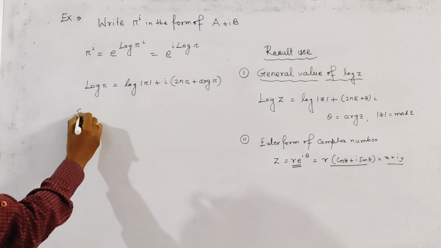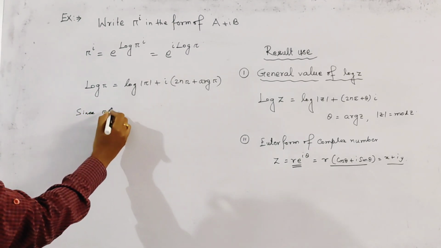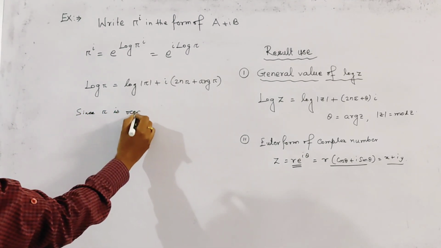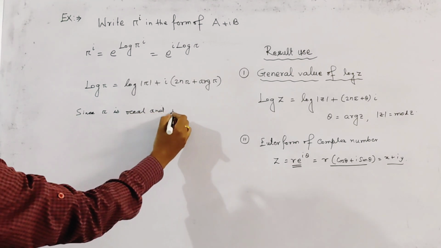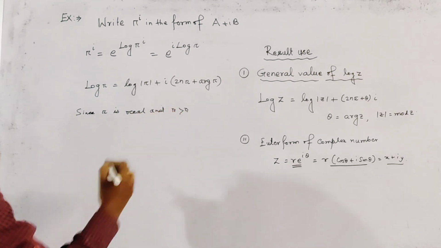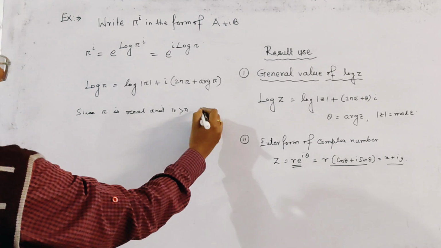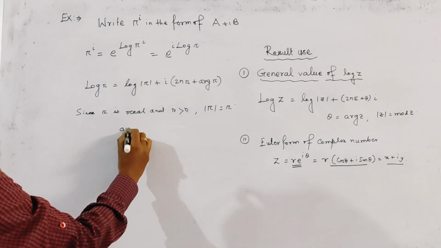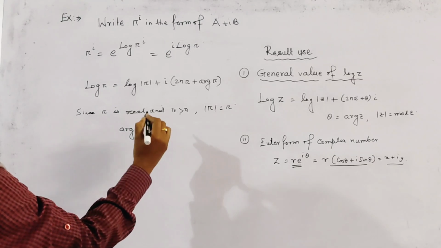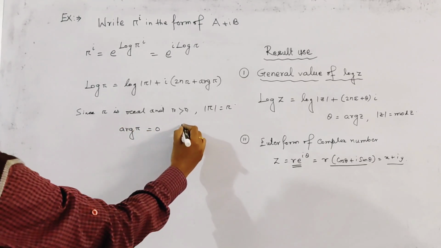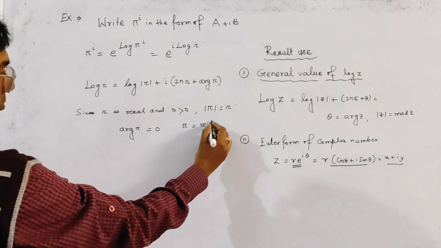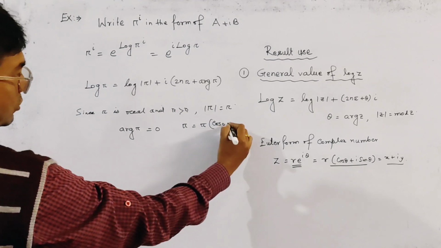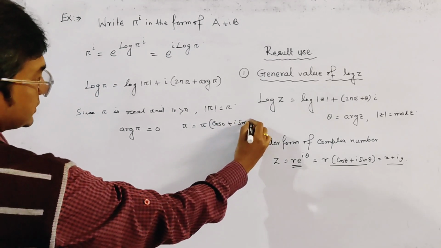Since pi is real and positive, greater than 0, we get mod pi equal to pi, and argument of pi equal to 0, because pi can be written as pi into cos 0 plus i sin 0.